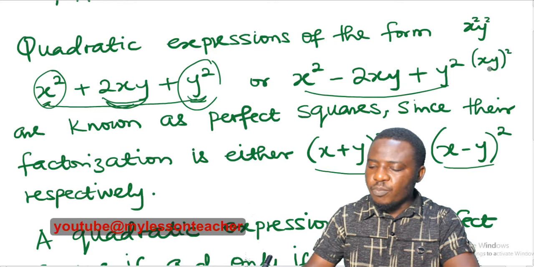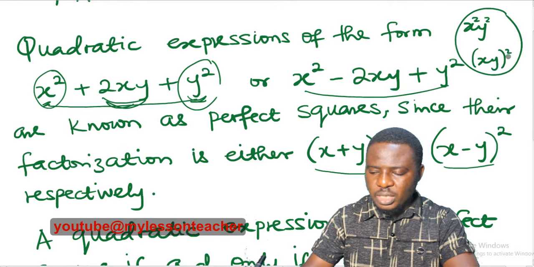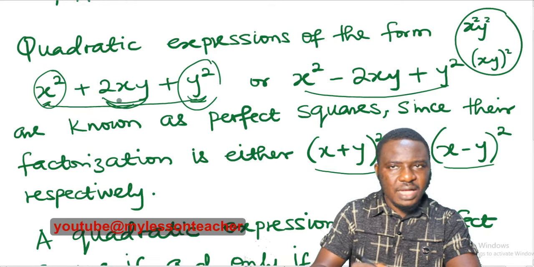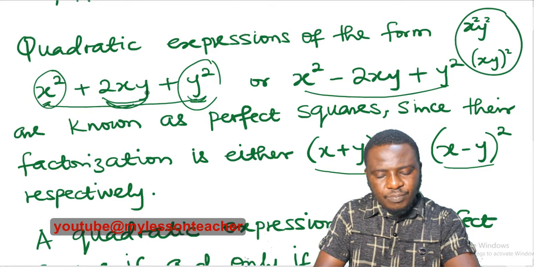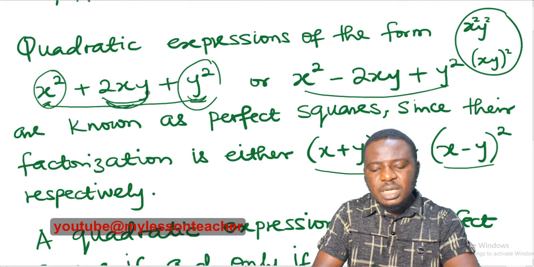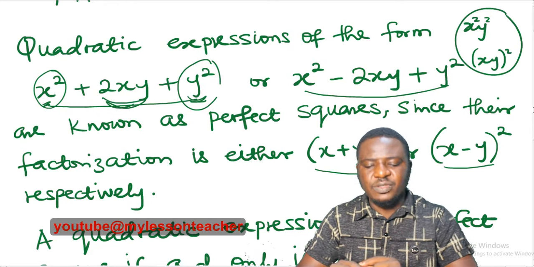Now, what is the square root of this? The square root of (xy) all squared is xy, and the middle term must be twice of that. So if you look at it, this is 2xy. That shows you that this particular expression meets the two conditions for it to be a perfect square, and that is why we said it is a perfect square.